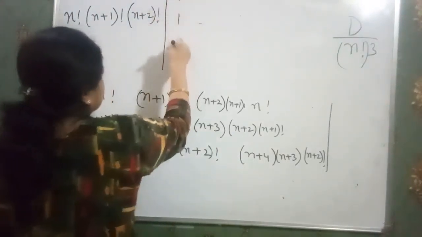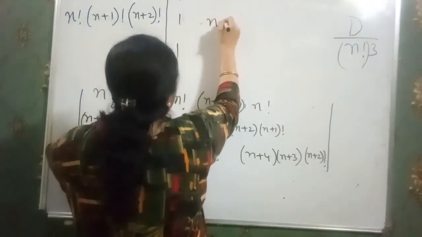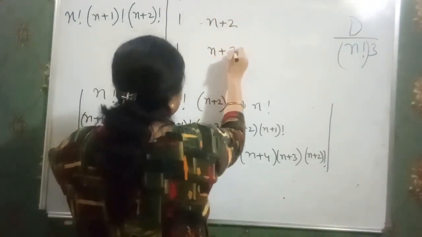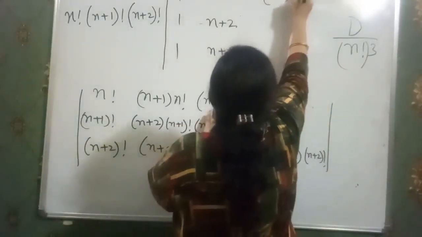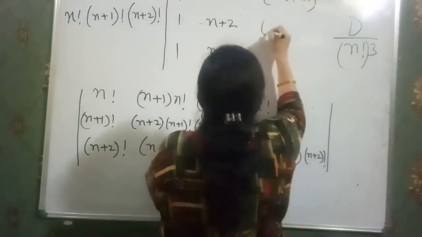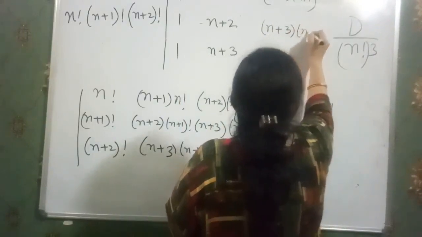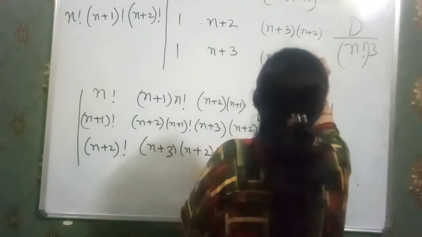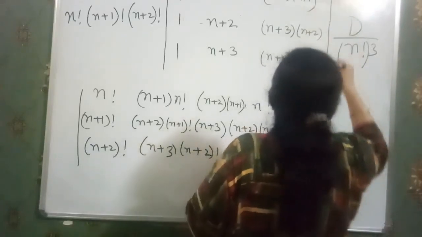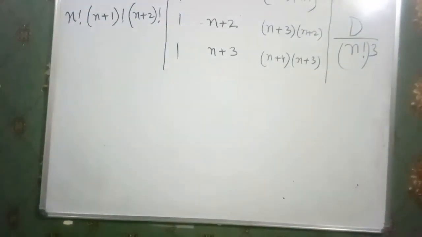Clear? And here we have n plus 1, n plus 2, n plus 3. And here we have n plus 2, n plus 1, n plus 3, n plus 2, n plus 4, and n plus 3. Clear?